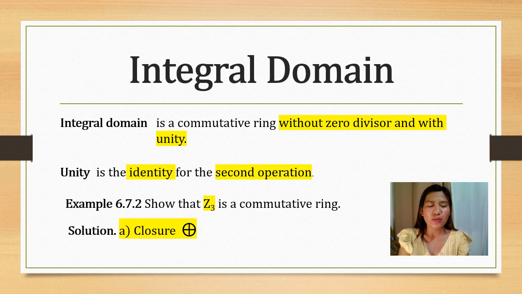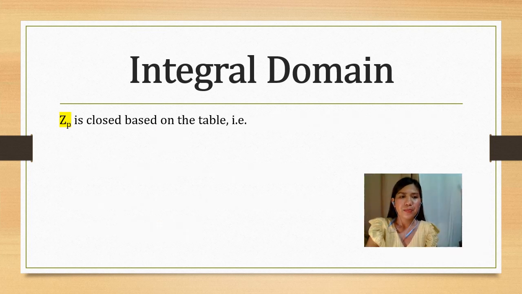So we have the closure property. Z sub p, or the ring of integers modulo p, where p is a prime number, is closed based on the table. In other words, for any two elements a, b of Z sub p, we have a circle plus b, an element of Z sub p.